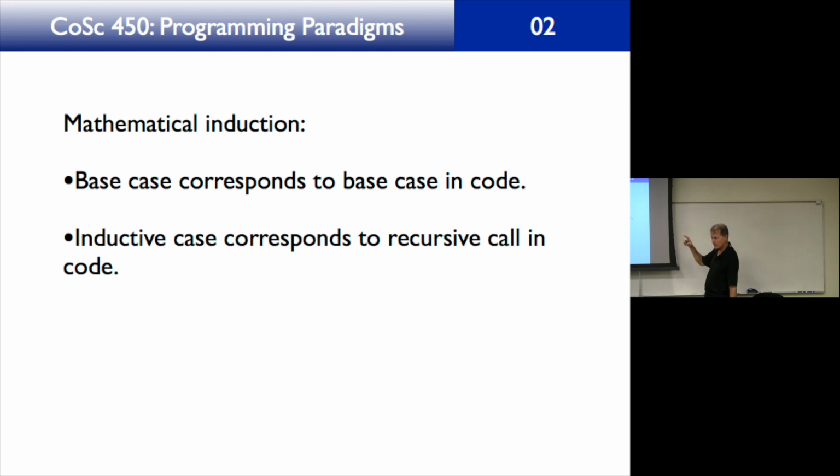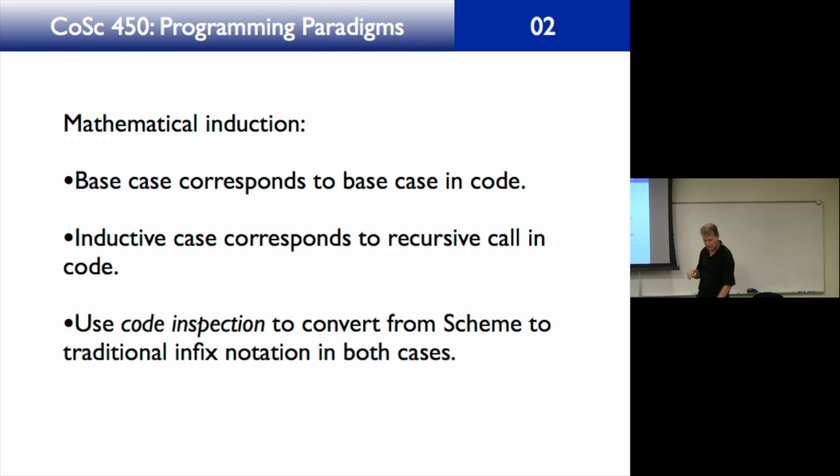There's one more technique that we use to link the program to the proof by mathematical induction, and we're going to call this code inspection. We use code inspection to convert from Scheme to traditional infix notation, both in the base case and in the inductive case.